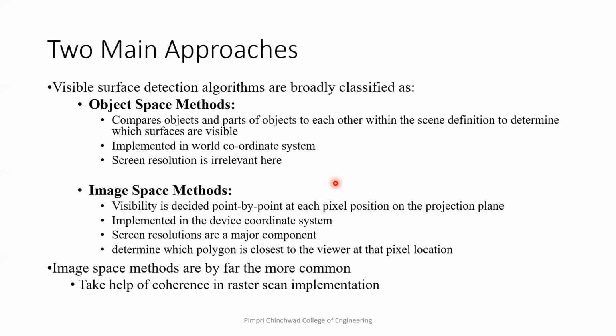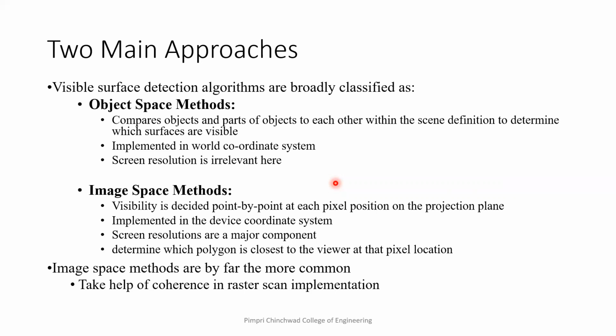So basically it is device independent, right? So if we want to display the same scene in multiple devices, I can perform the operation only in the object space and then display it on the different display devices, right? So screen resolution of different devices, those are irrelevant here.